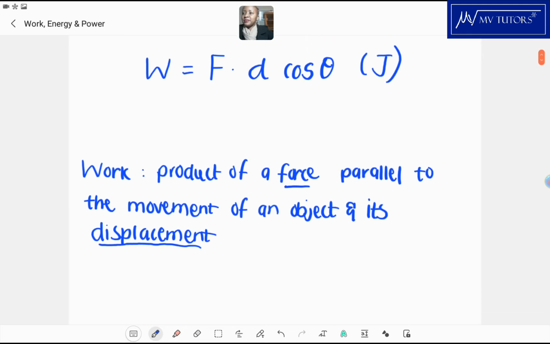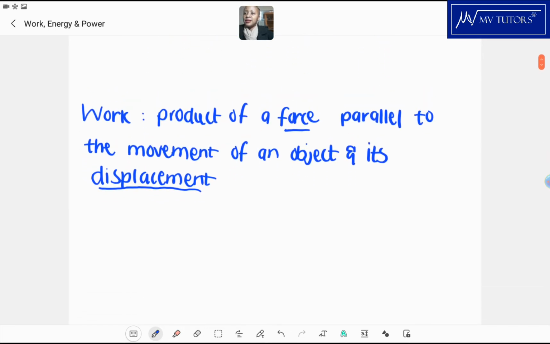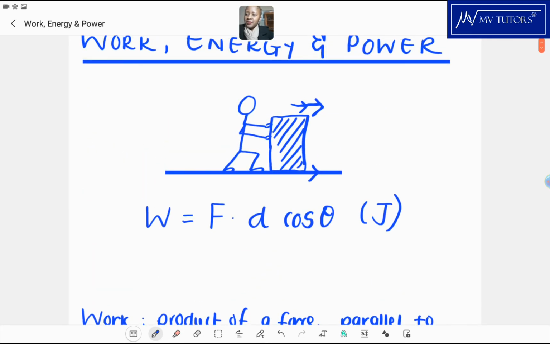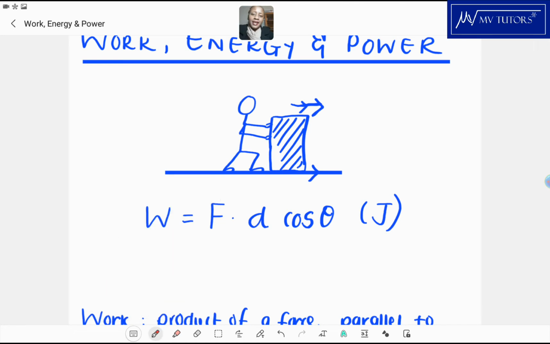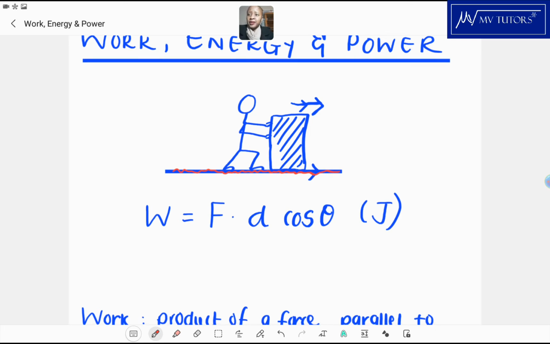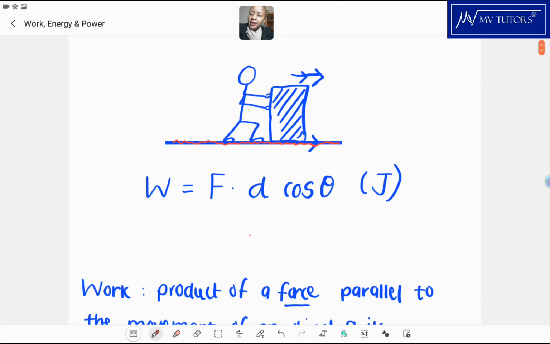So now, going back to this, let me just choose a different colored pen. Let's say this is a rough surface that this person is pushing, and they're pushing a box. If I were to draw a free body diagram of what's happening here, first of all, there's the weight of the object.